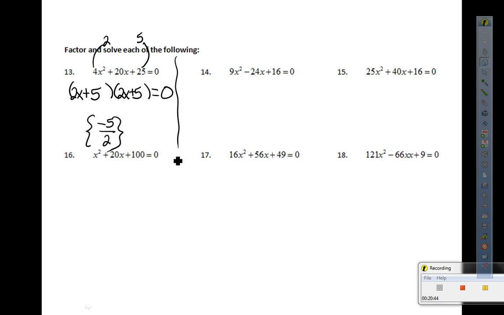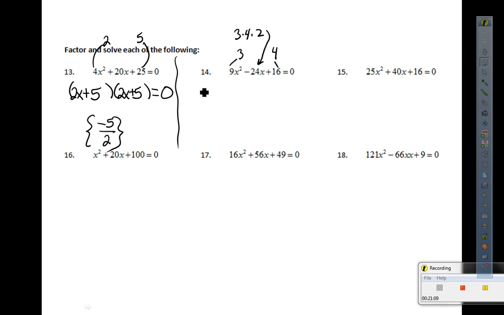Look at 9x squared minus 24x plus 16. See if there's a shortcut. Do you know the square root of 9? The answer is yes, 3. Do you know the square root of 16? 4. Is 3 times 4 times 2 the number right there? And the answer is yes.